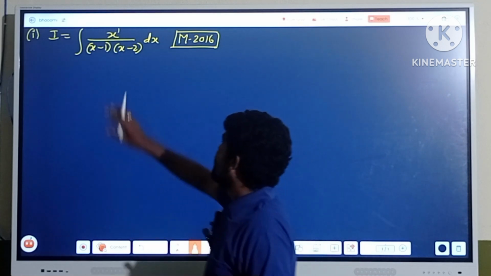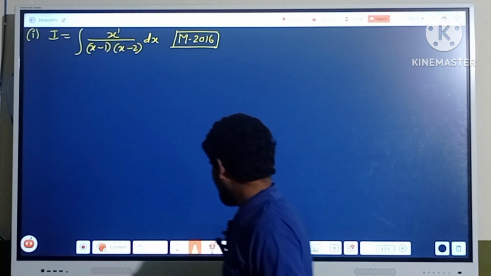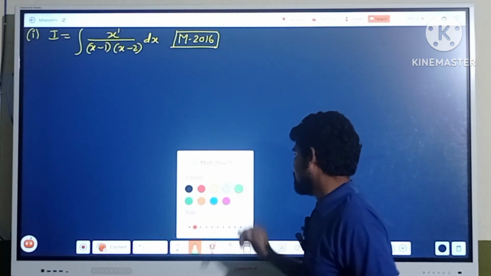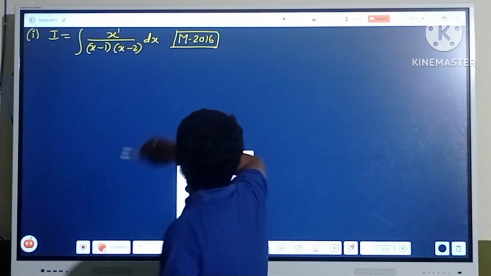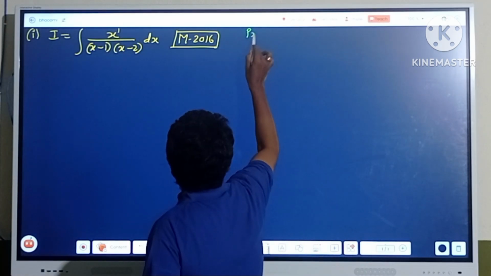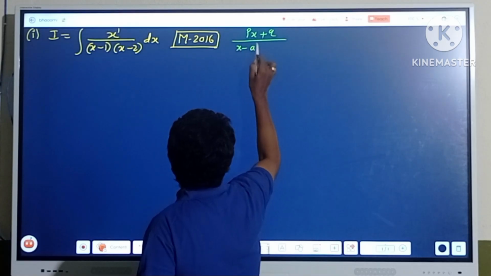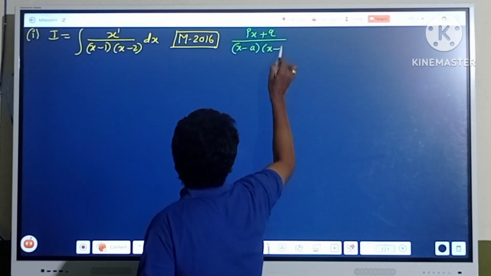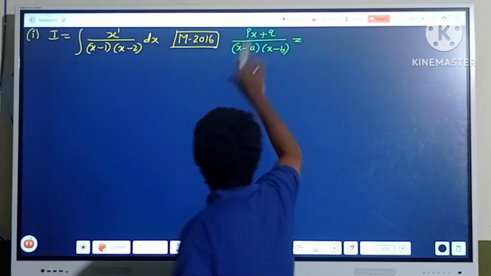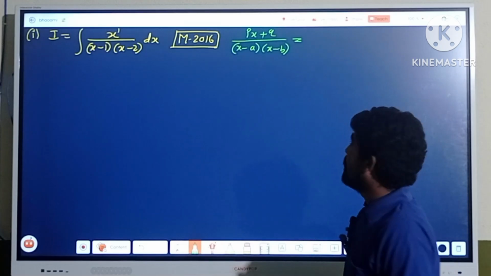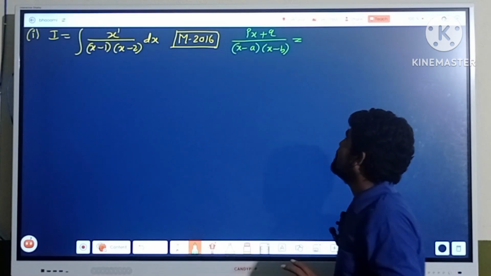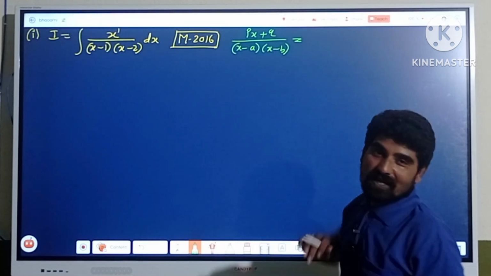It means this rational function is of the form (px plus q) divided by (x minus a) into (x minus b).